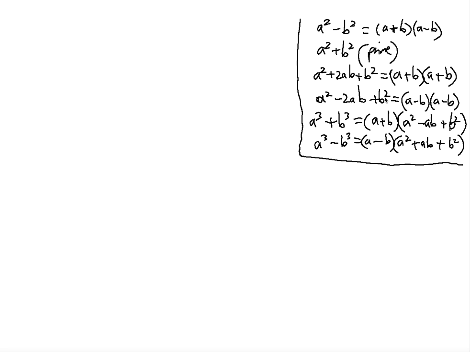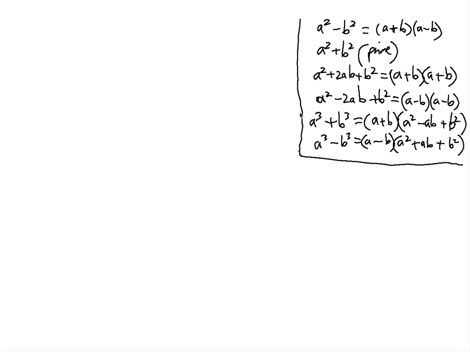If you see a similar polynomial of this form, it might be factored as follows, and it's called the square of a difference, because you're taking a difference of a and b and squaring it. A minus b is multiplied to itself, so it's the same thing as saying a minus b squared.